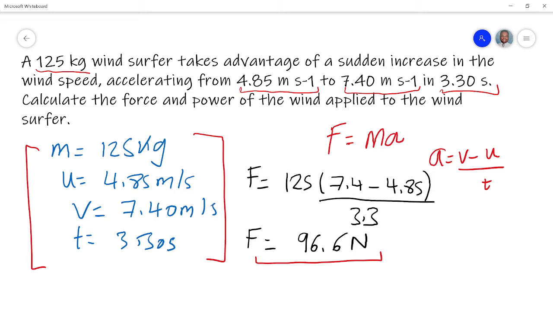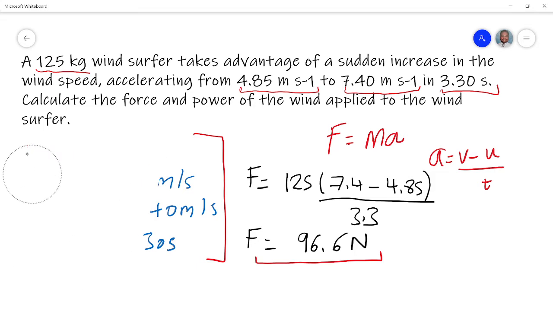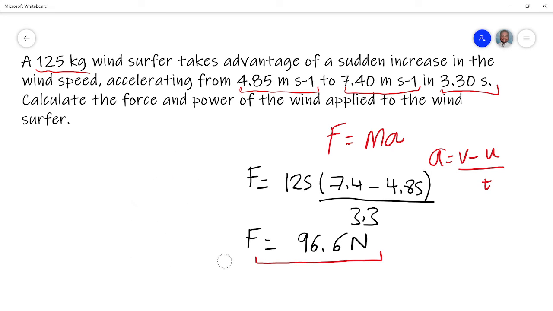The next thing we now need to work out is power. So let me rub this out and work through what is required to solve power. Now, if you looked at my previous videos, I showed you the connection between power, energy, and time, or power, work, and time.